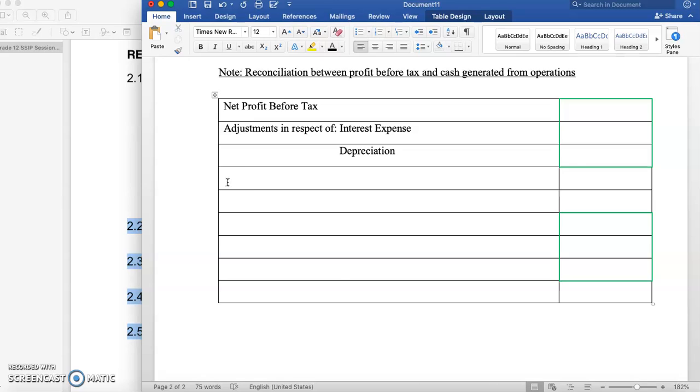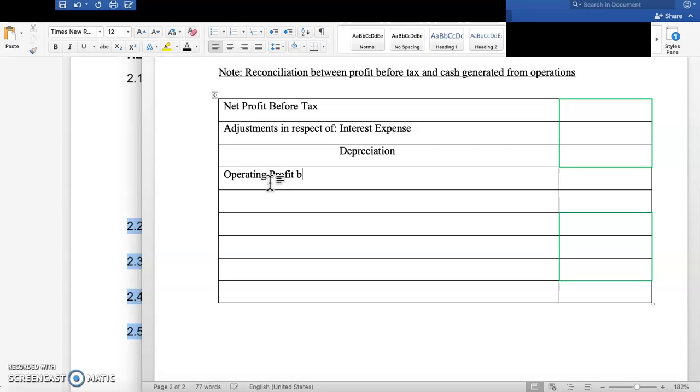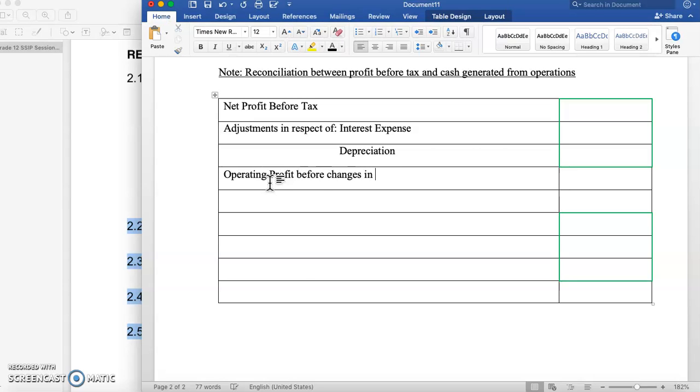And then what we do next is we add amounts 1, 2, and 3 to give us this amount. And what do we call this amount if we add all three? It is called operating profit before changes in working capital.